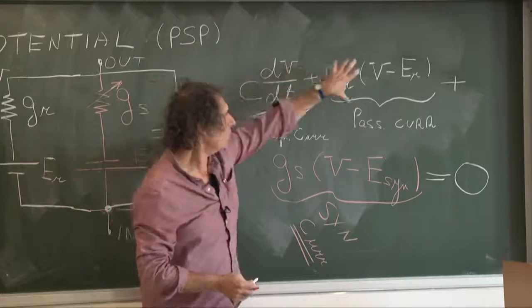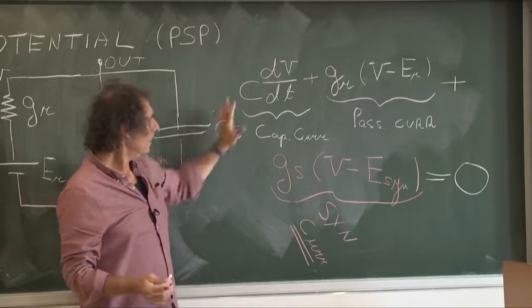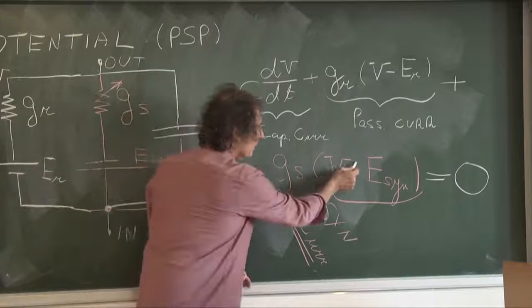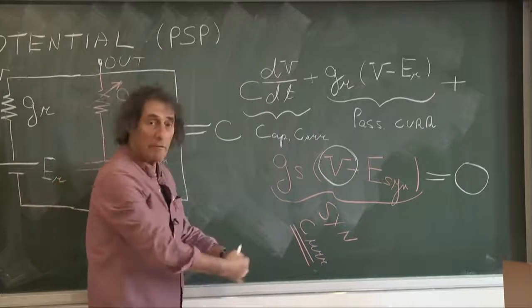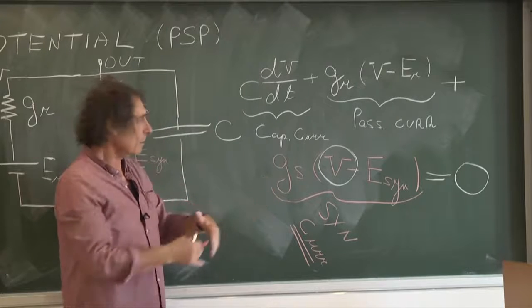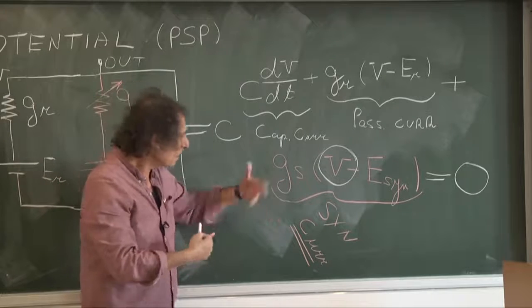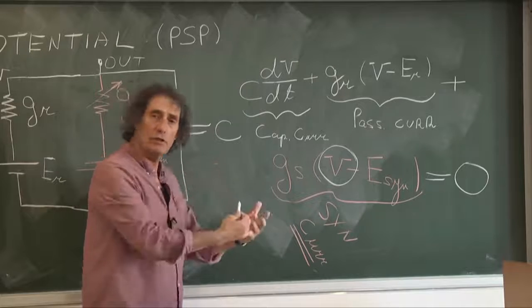Capacitative current plus passive current plus synaptic current equals zero. So I need to solve this equation in order to get this V, which is the voltage being generated by the synapse. By the fact that there is a synaptic conductance, there is a voltage change, and I'm interested in this voltage change.